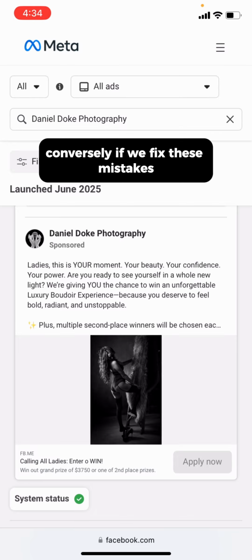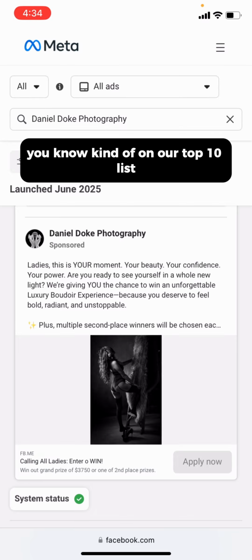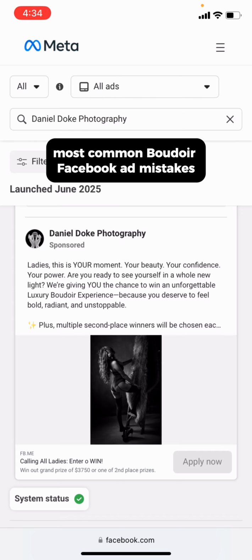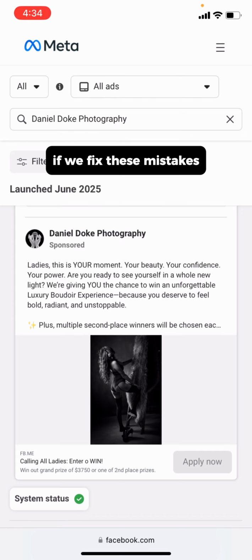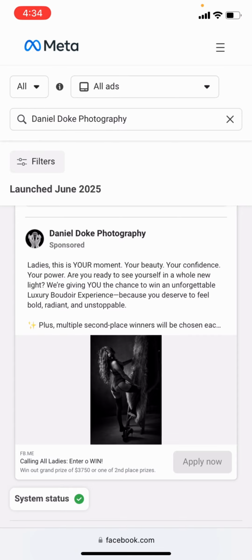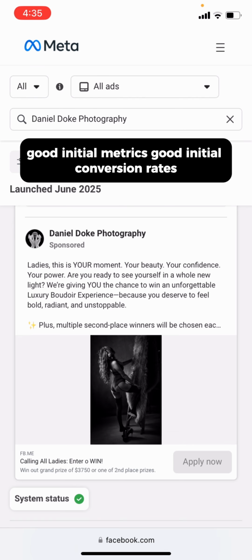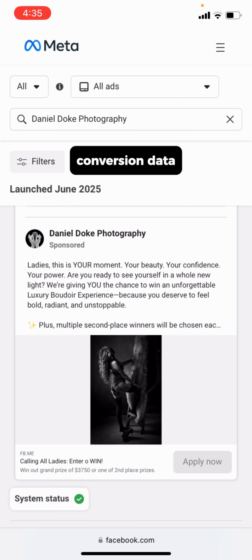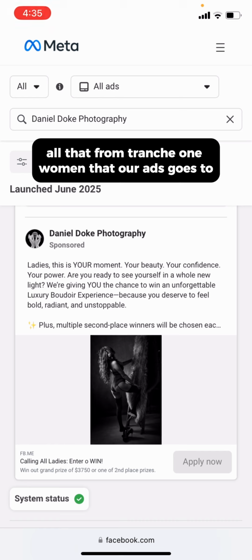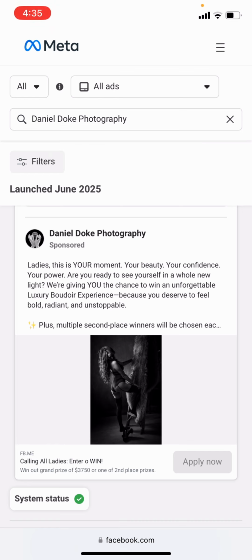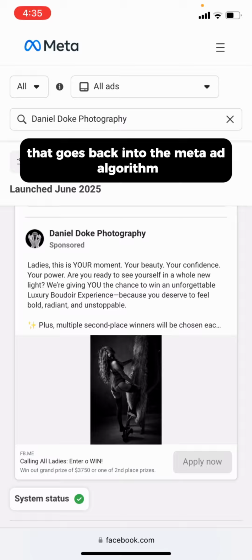Conversely, if we fix these mistakes we're going to talk about today, our top 10 list of most common boudoir Facebook ad mistakes, then guess what? We get good unique CTR all, good initial metrics, good initial conversion rates, conversion data. That feeds back, all that from tranche 1 women that our ad goes to, into the meta ad algorithm.